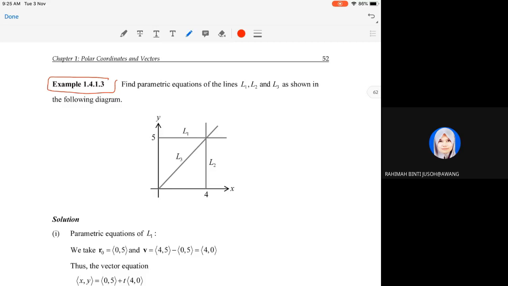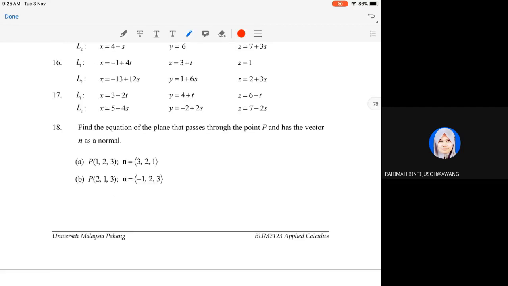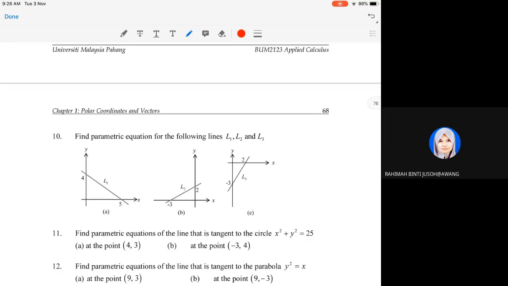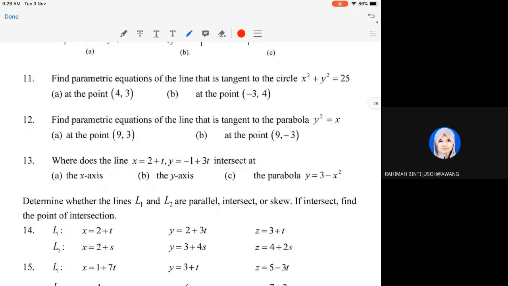Follow je cara dia. Similar to example 1.4.1.3.